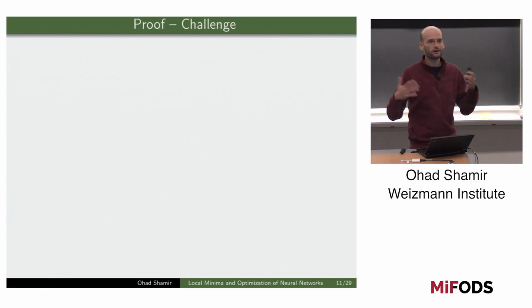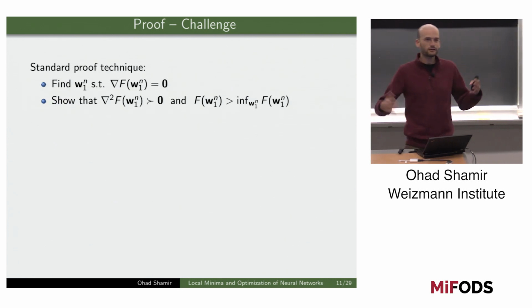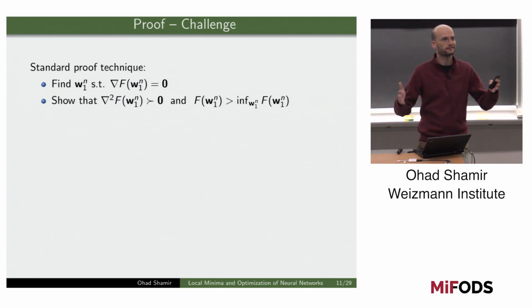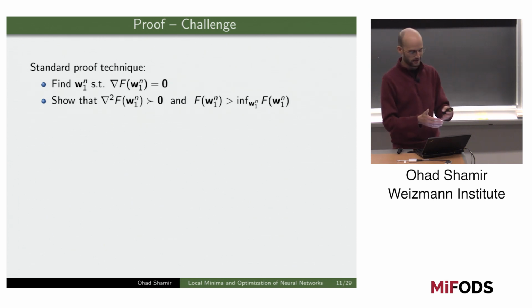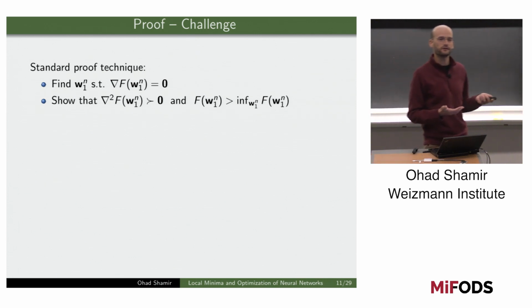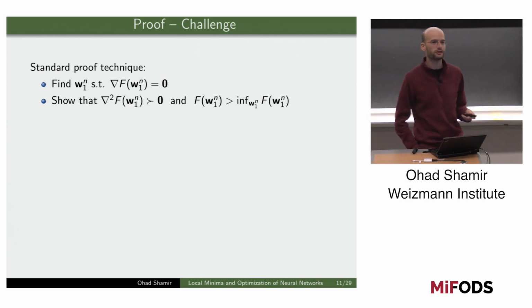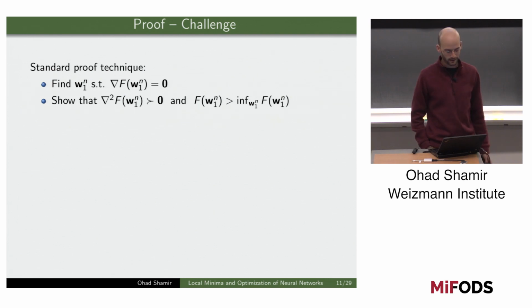OK, so what's the challenge in the proof? Why do we need to make it computer-assisted? The standard way to show that a certain objective has local minima, as we all learned in undergrad calculus, is to take the objective, compute the gradient, equate to 0, find stationary points, and then if the Hessian is positive definite there, it's a local minimum, and if its value is larger than the global minimum, it's a spurious local minimum.